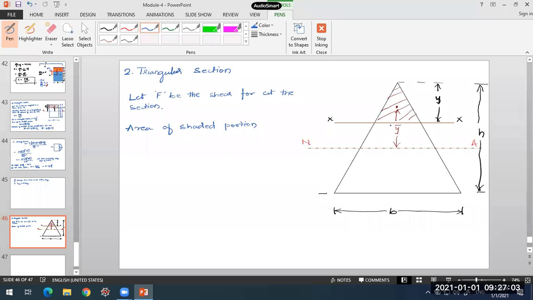First thing is I require the area of the shaded portion here. So it will be half of height into base. What is this base here? So it will be b by h into y.